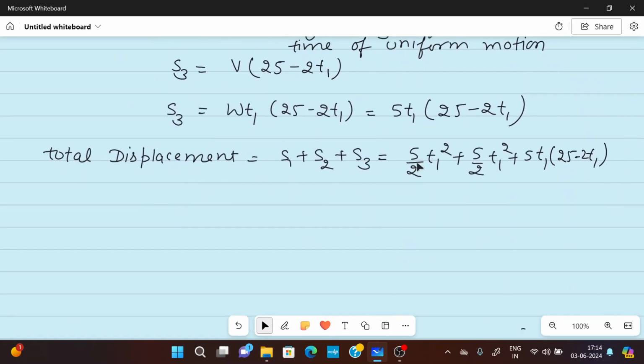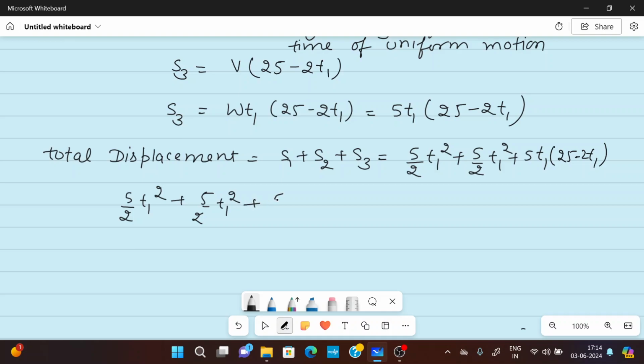We will put this total displacement in terms of T1 is equal to 500 meter. So 5 by 2 T1 square plus 5 by 2 T1 square plus 5 into T1 into 25 minus 2 T1 is equal to 500.